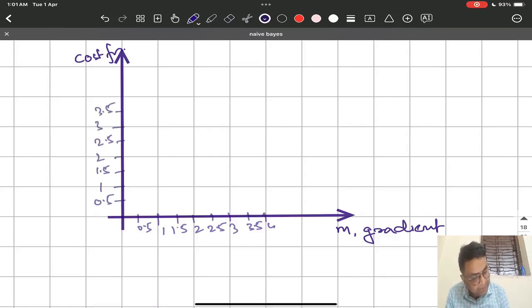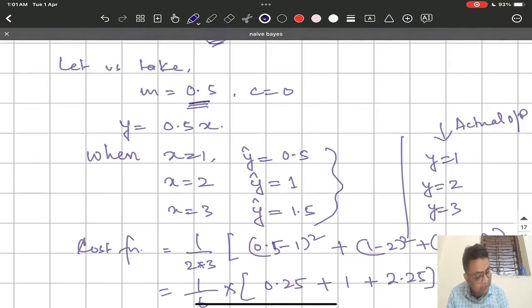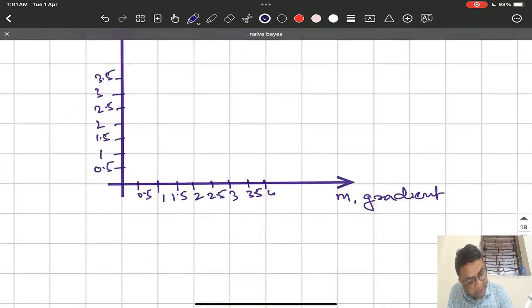Now what is happening? Let me see this. When m equal to 0.5, what is the output? Output cost function is 0.59. It's here. Can you see this?